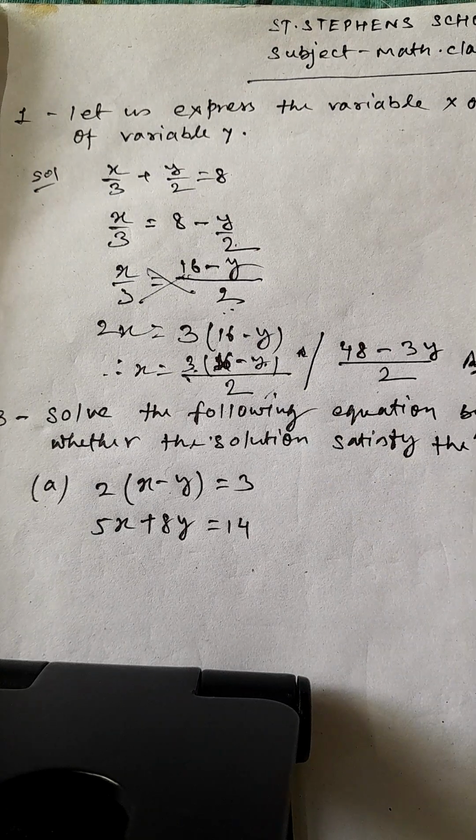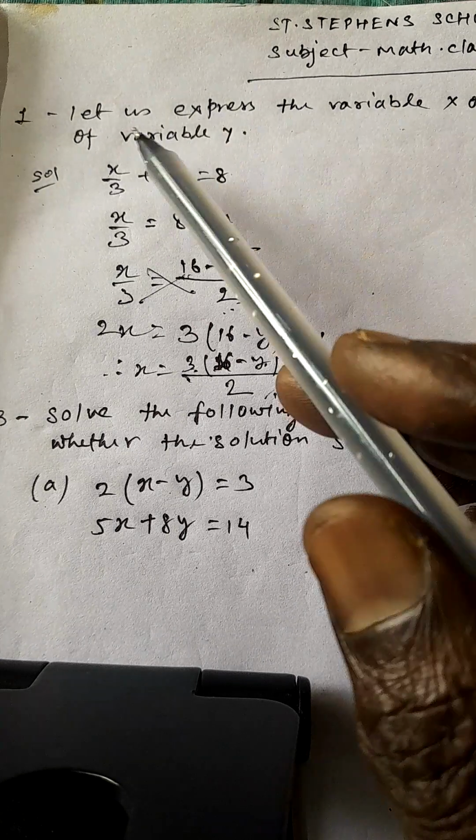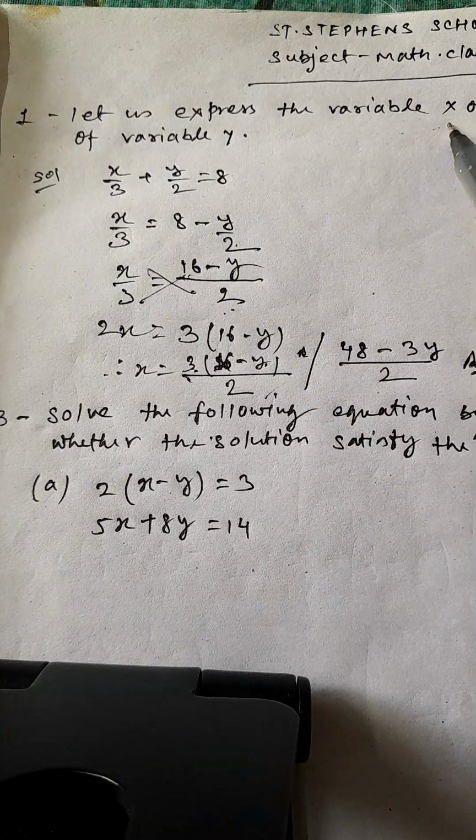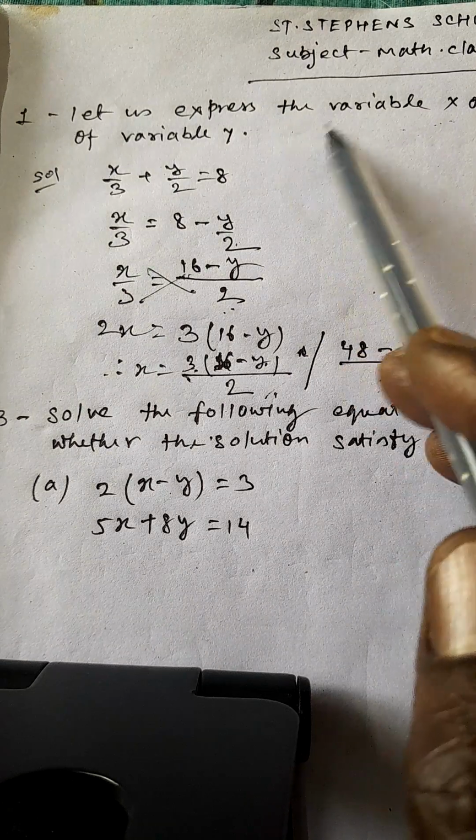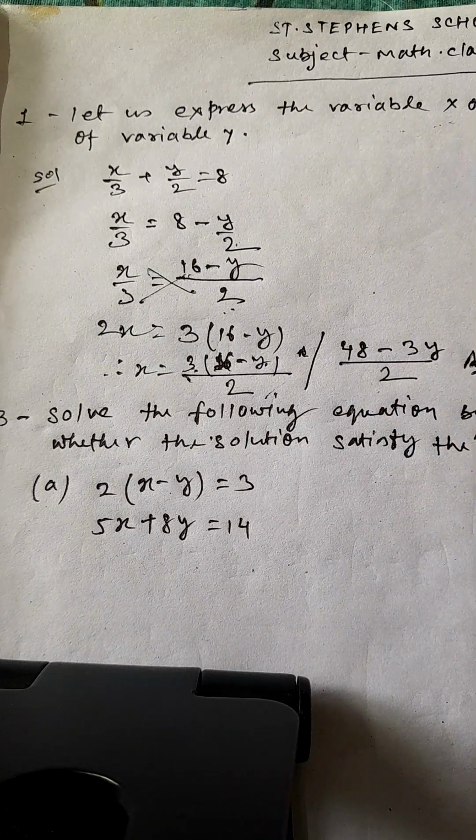Now in this way you have to solve number 2 also. Question 2 is done in the same way. In this question, instead of x, you are asked to express the variable y in terms of x.